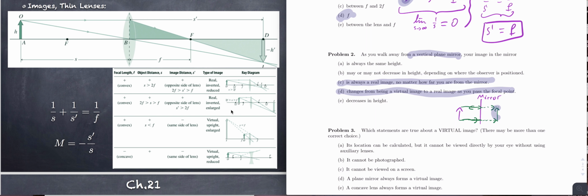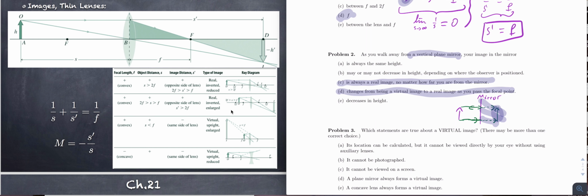So the image is on the other side of the mirror, or mirror land, which is virtual. So it's always going to be a virtual image. So C is not applicable here.